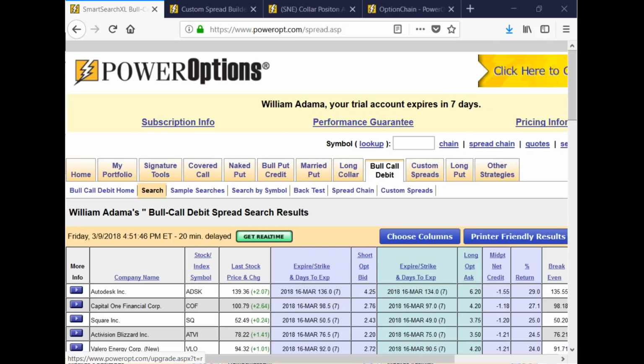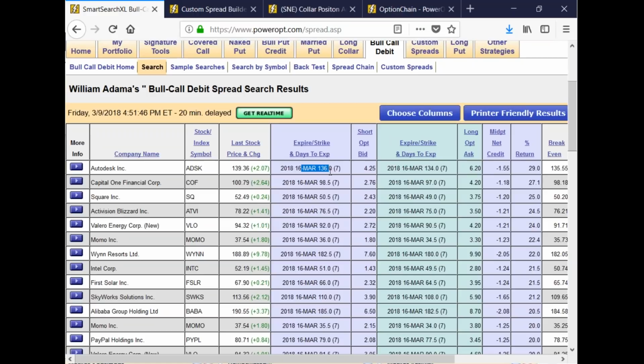I do this sometimes, but I have to think about it in reverse. I don't have a ratio call spread screen, nor do I have that synthetic long call screen that I showed you. You know, I built a synthetic on AMAT and I built a ratio back spread on AMAT. I don't have a search that does that, but you might be able to use the bull call debit spread search, where I'm selling an at and buying a deeper in to perform a ratio.